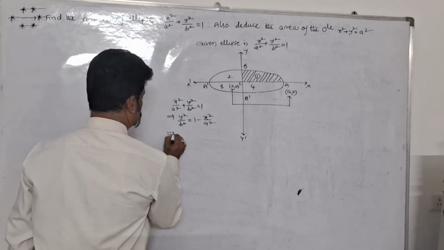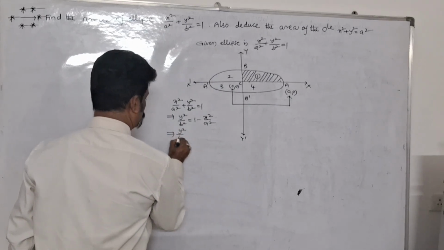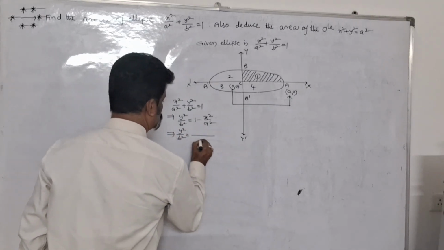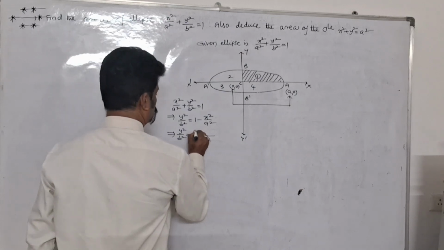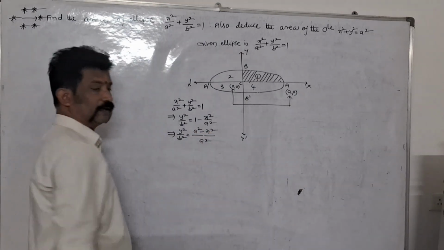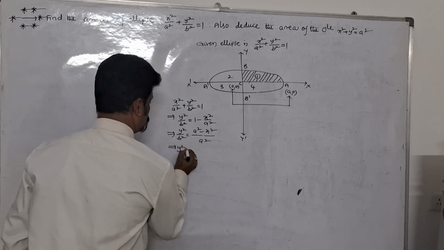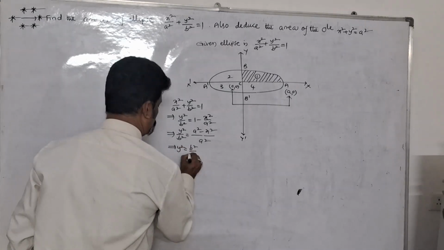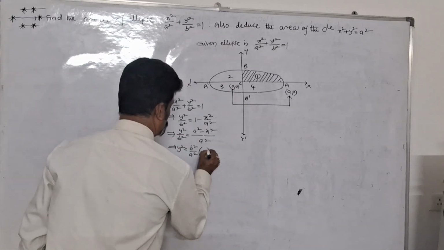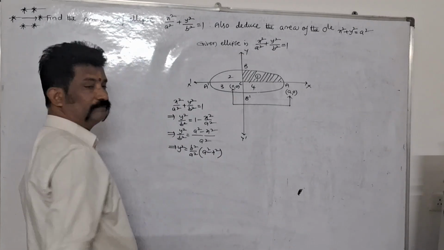Now this implies y square by b square is equal to, the LCM is a square, so a square minus x square by a square. That implies y square is equal to b square by a square into a square minus x square.